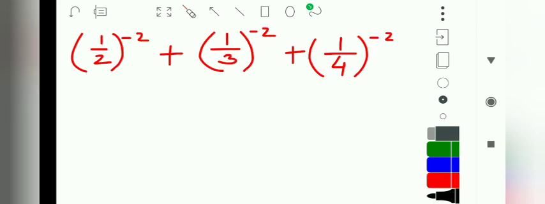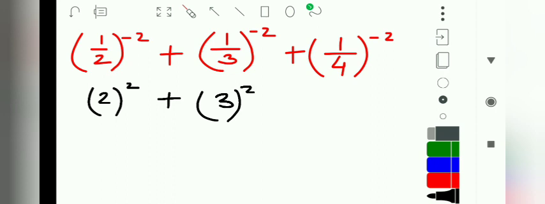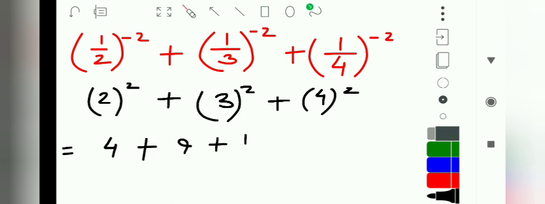Multiplicative inverse of 1 by 2 is 2 and additive inverse of minus 2 is positive 2. Multiplicative inverse of 1 by 3 is 3 and additive inverse of minus 2 is 2. Multiplicative inverse of 1 by 4 is 4 and additive inverse of minus 2 is 2. So it is 2 square plus 3 square plus 4 square, that is 4 plus 9 plus 16, and the sum is 29.